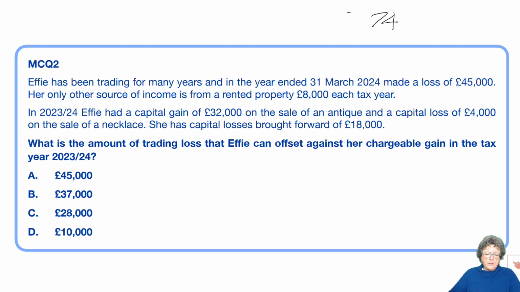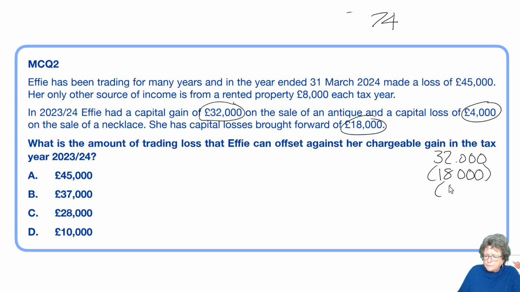Effie has been trading for many years and in March 24 made a loss of 45. Her only other source of income is rented property. She also has a capital gain in that tax year of 32 for the sale of an antique, and a loss for a necklace, and then a loss brought forward. So the maximum amount that she could have there is 32, less 18, less 4. So that's 10.